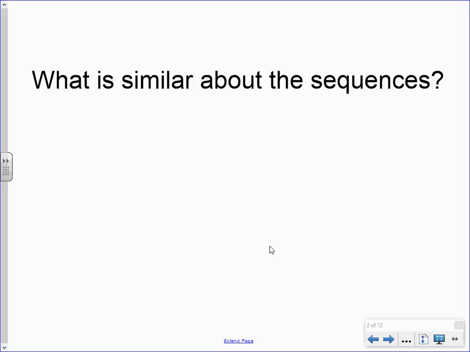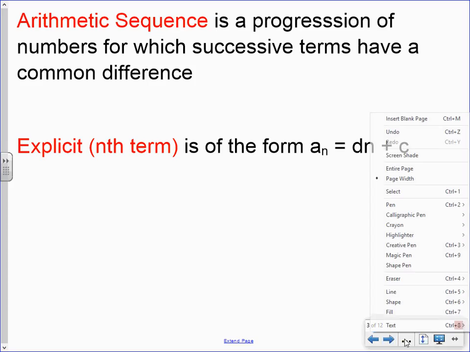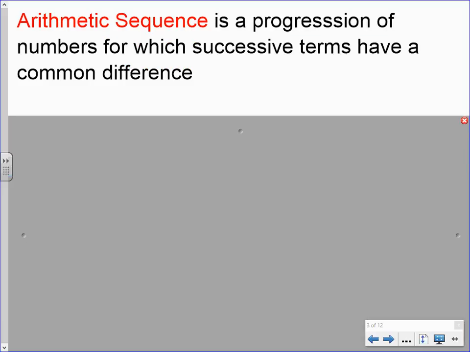Okay, in your hand, you all have what's called an arithmetic sequence. What was similar about all of your sequences? They went up by the same number each time, right? That is the definition of an arithmetic sequence. It's a progression of numbers for which successive terms have a common difference.